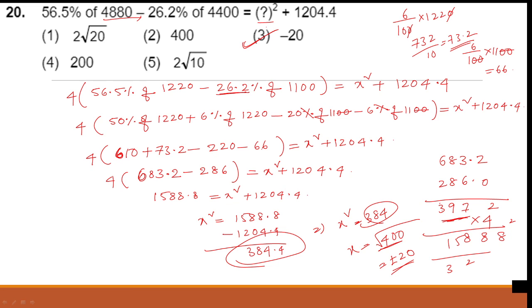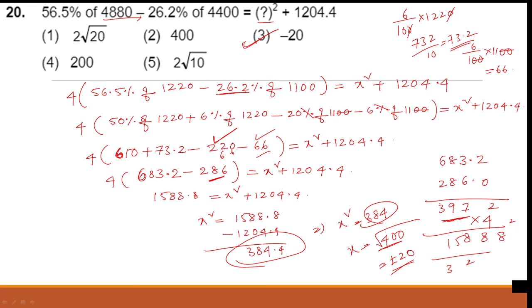We'll check it once. Okay, 6 by 100. Okay, this is 1100, right? Yes, 1100. So this is 220. 11 into 20, 220, and the 600 we will cancel. 66 we will get. So we'll get 286.